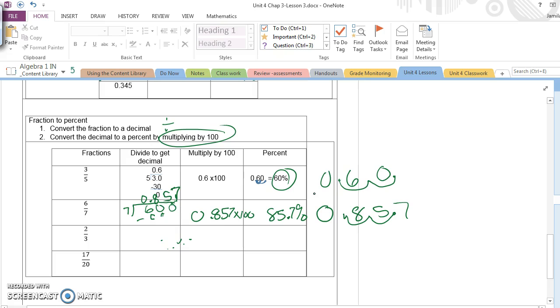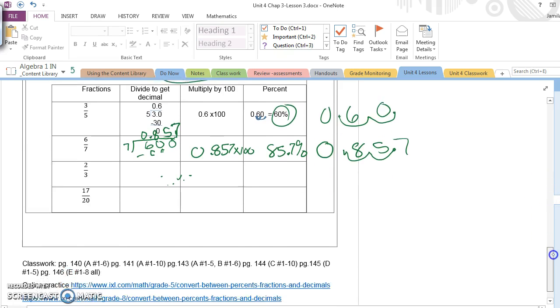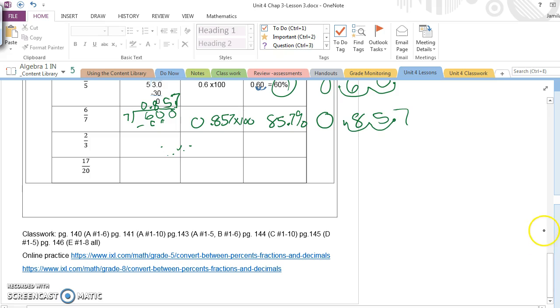So notice how sometimes if a decimal is going on and on and on, you need to use your rounding and estimating skills in order to terminate that decimal and round your solution. You can go ahead and try the second and third one. After you're done, make sure you check in with your teacher.